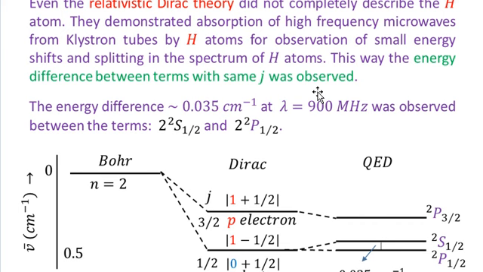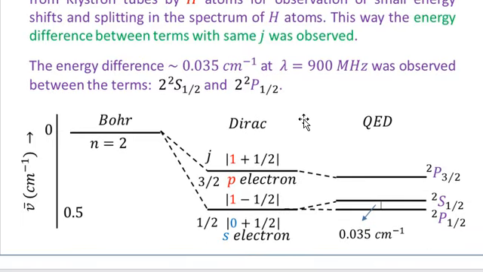So the two terms having the same value of J will now be split in energy. That is, the J degeneracy will be lifted. This is shown over here in the diagram. The energy difference of the order of 0.035 centimeter inverse, at a frequency of 900 megahertz, was observed between the terms 2S1/2 and 2P1/2.